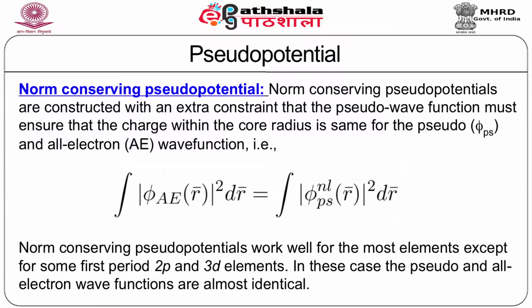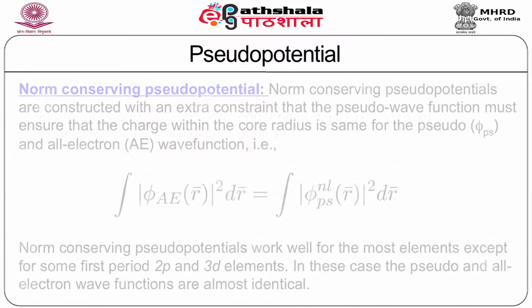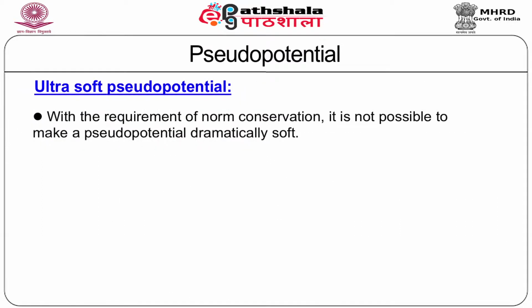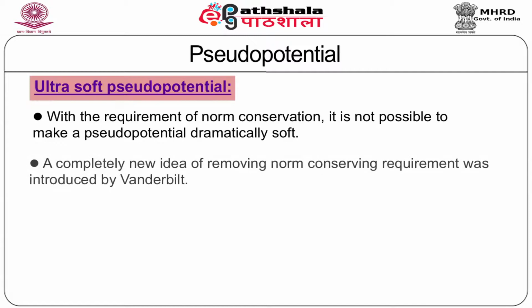In these cases, the pseudo and all-electron wave functions are almost identical. With the requirement of norm conservation, it is not possible to make a pseudopotential dramatically soft, and this leads to the concept of ultra-soft pseudopotential. A completely new idea of removing the norm-conserving requirement was introduced by Vanderbilt.